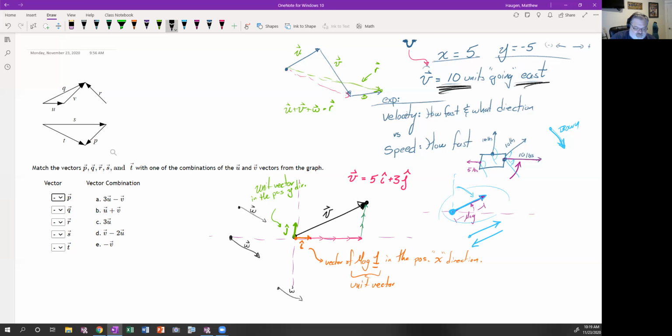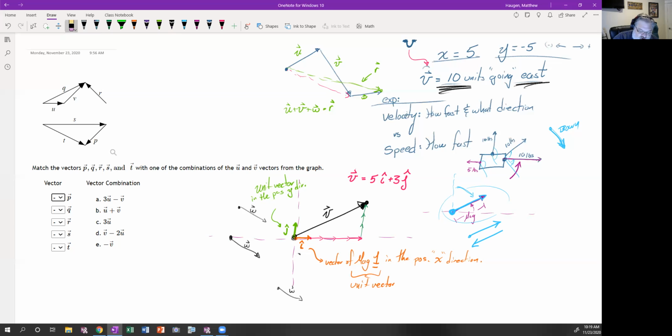So if I want to add them together, it might be handy for me to put w here, because then the coordinates of where that head is will tell us how many i's and how many j's.